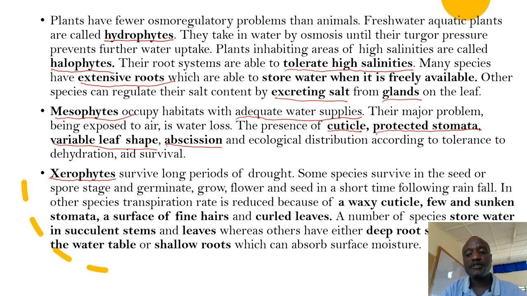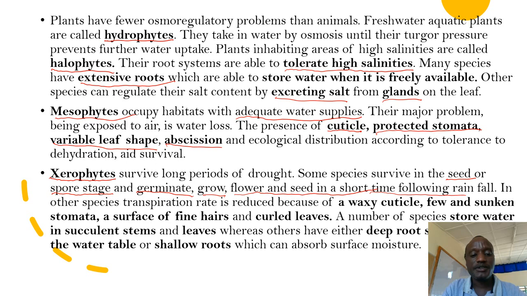Some species survive in the seed stage, others survive in the spore stage, and they germinate or grow flowers and seeds in a short time following the rainfall. It is possible because they have a nice persistent stage.